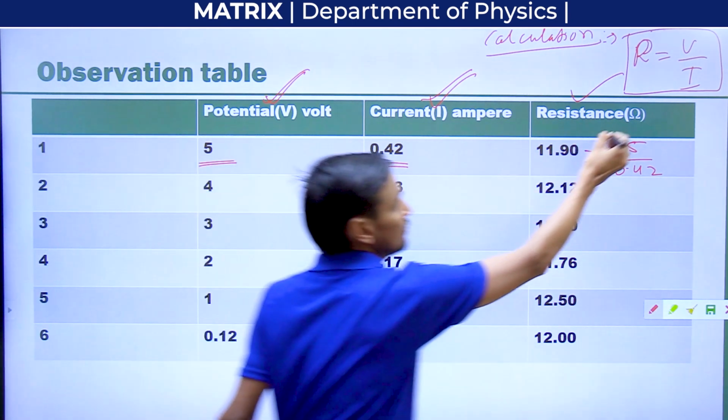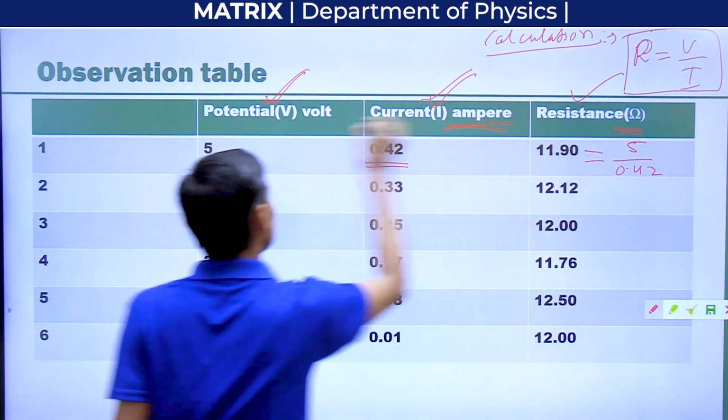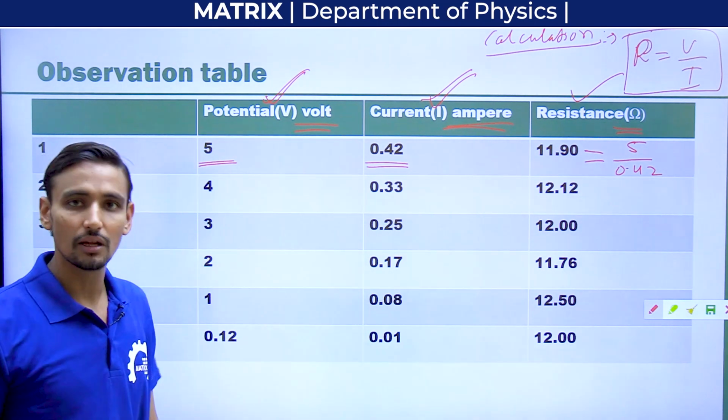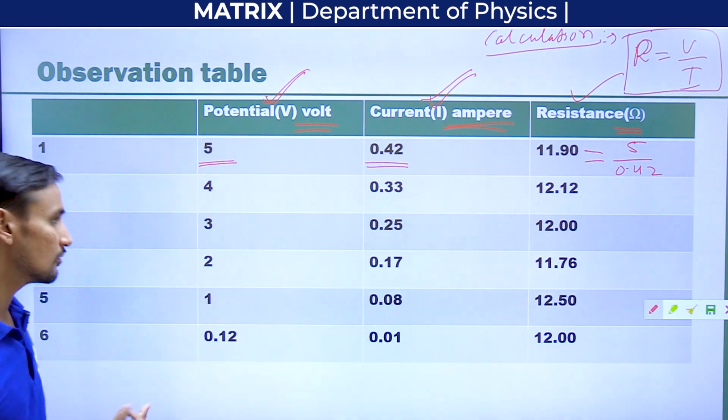Potential is in volt and current is in ampere, so resistance comes in ohm.